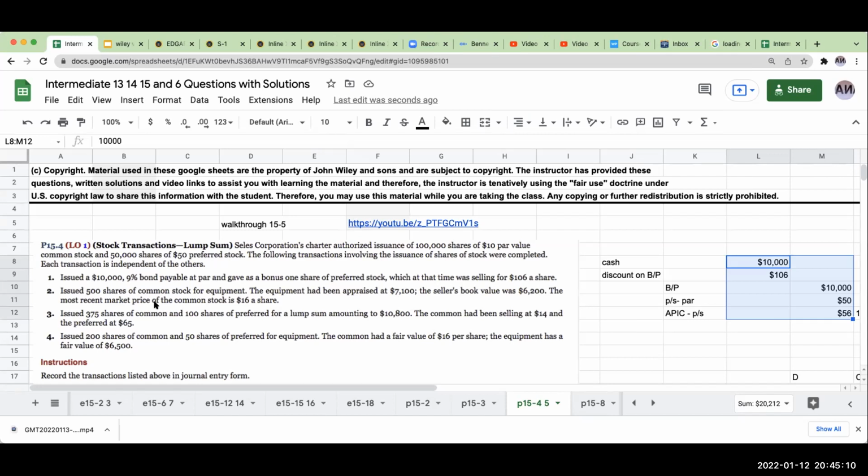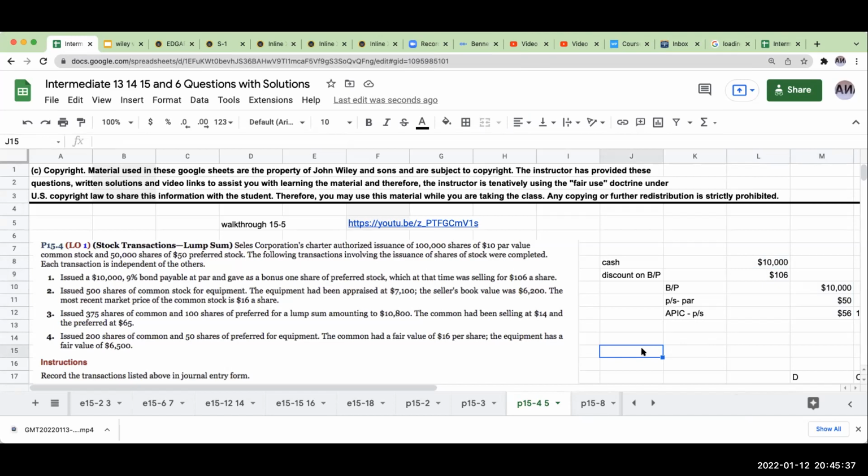The $16 per share may be the best possible indication, mainly because if there's an actively traded market, that's really the key here. If the most recent market price is $16 per share, that indicates it is in an active market. So in this case, we'll probably use the market price per share.